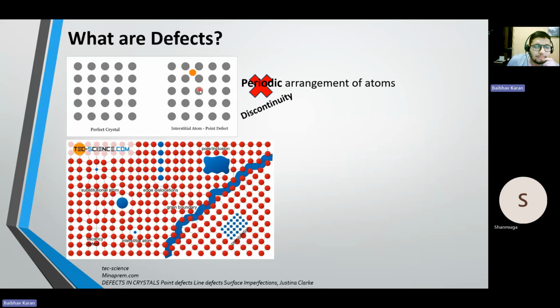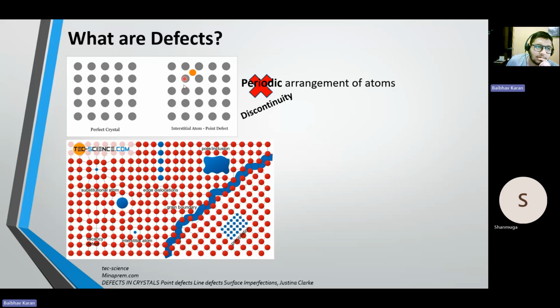Similarly, another way we can introduce defects is by removing one element, which is called a vacancy. So there is a periodic arrangement of crystal here, and we remove one of the atoms. This will again create a strain field. How? Because there is a bond change. For example, take this atom.